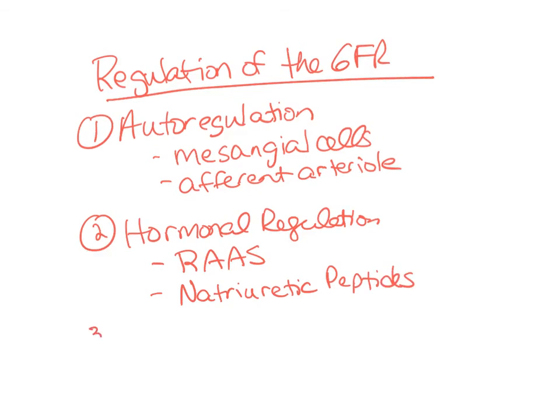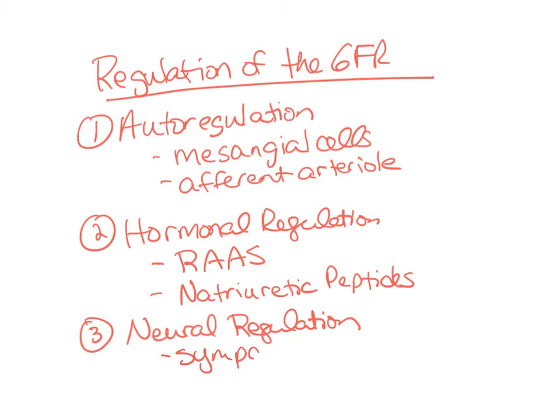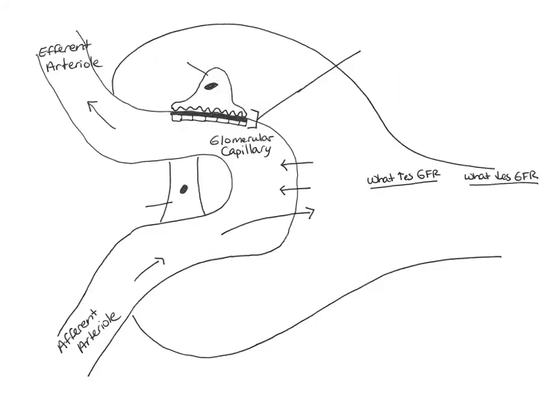And then in addition to this hormonal regulation, there's also a neural regulation. The neural regulation is really just the sympathetic nervous system. So we're going to look at how the sympathetic nervous system regulates the glomerular filtration rate as well.